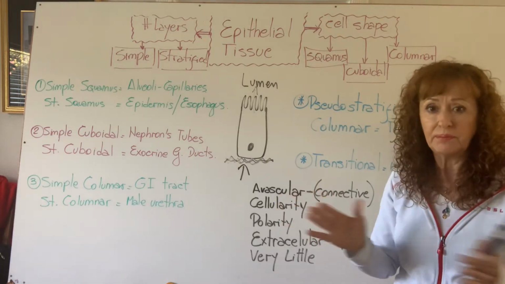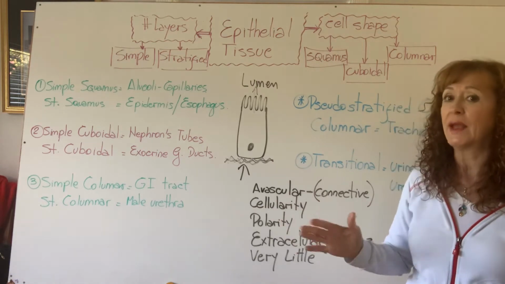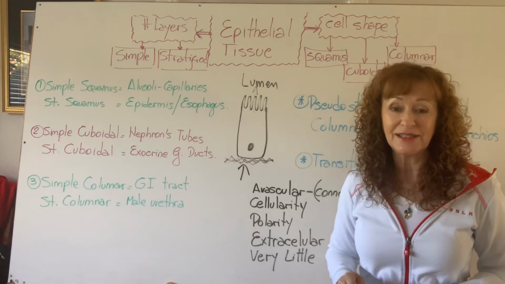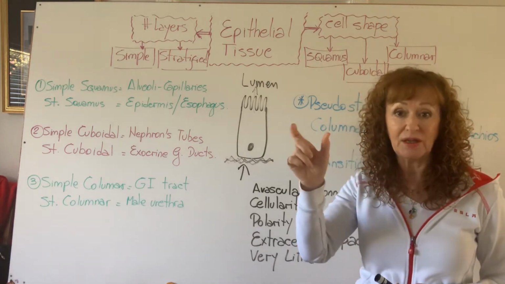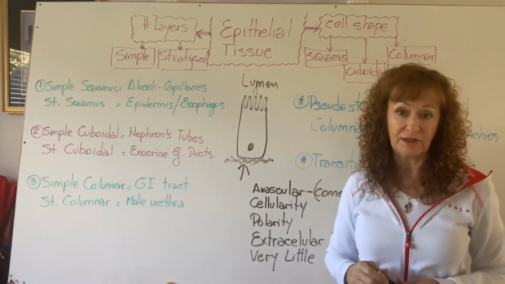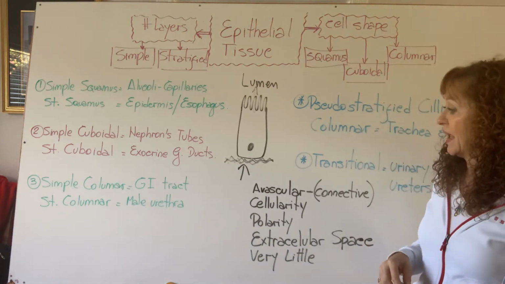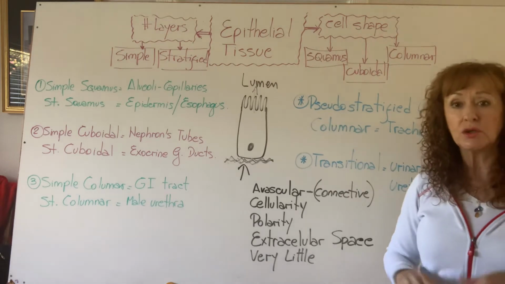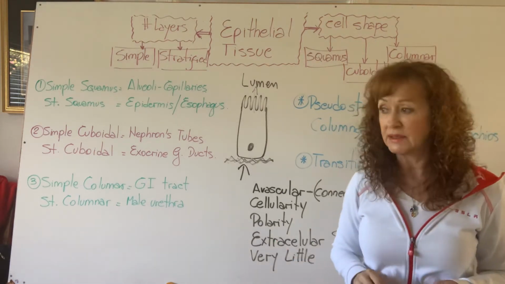There is no possible way. So the only way is that additional tissue, and it is not a coincidence that it is called connective, because it connects two different tissues.